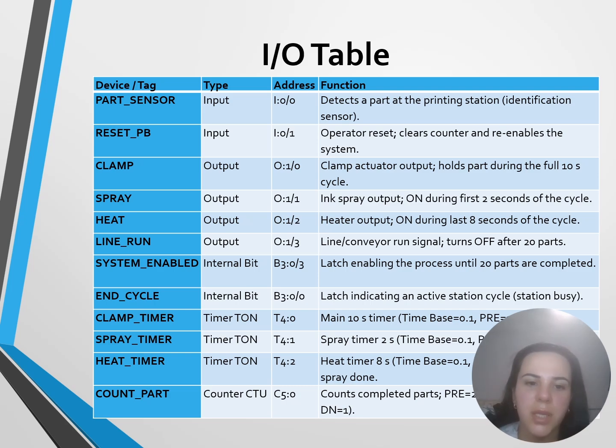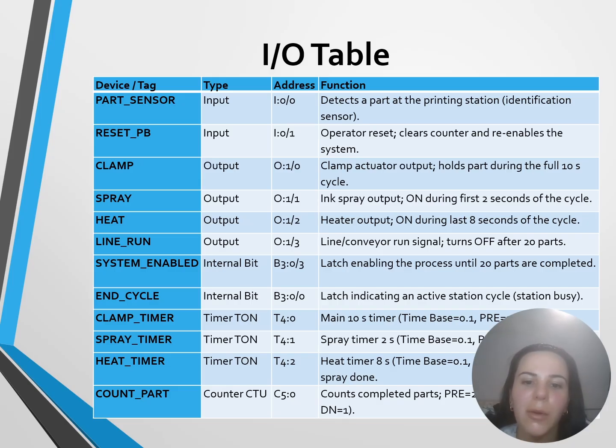Moving to the I/O table, here we're going to see the device, the type, the address, and the function. For the part sensor tag, we see that it detects the part at the printing station. Then we have the reset button that the operator presses to clear the count and enable the system.